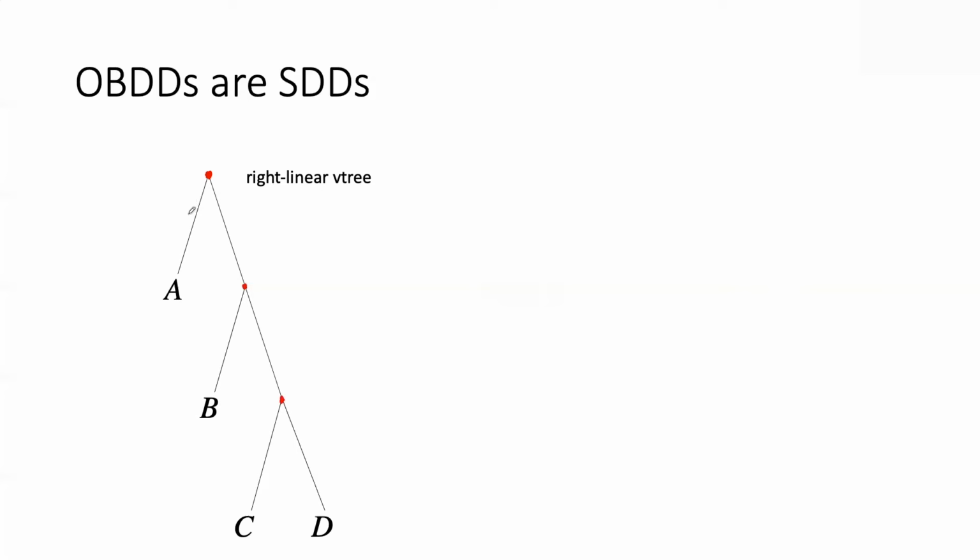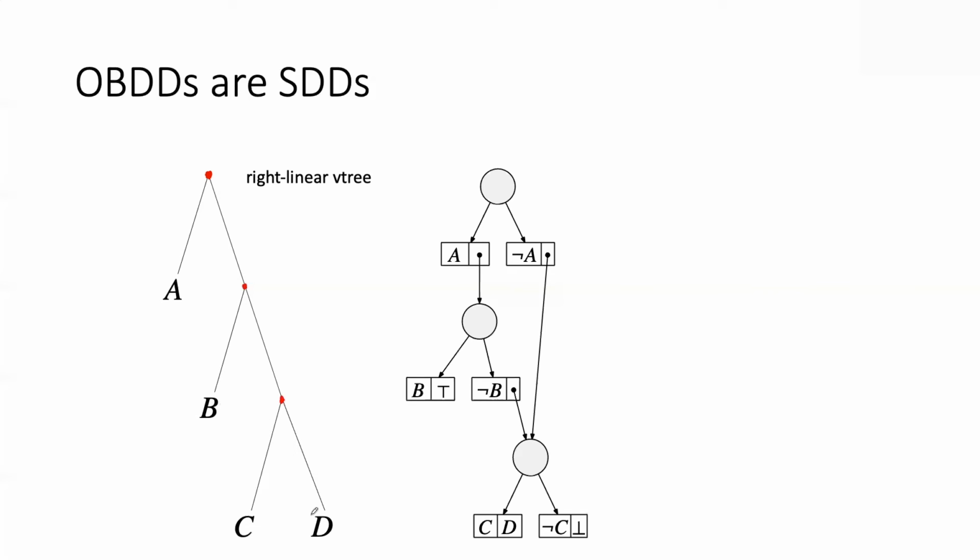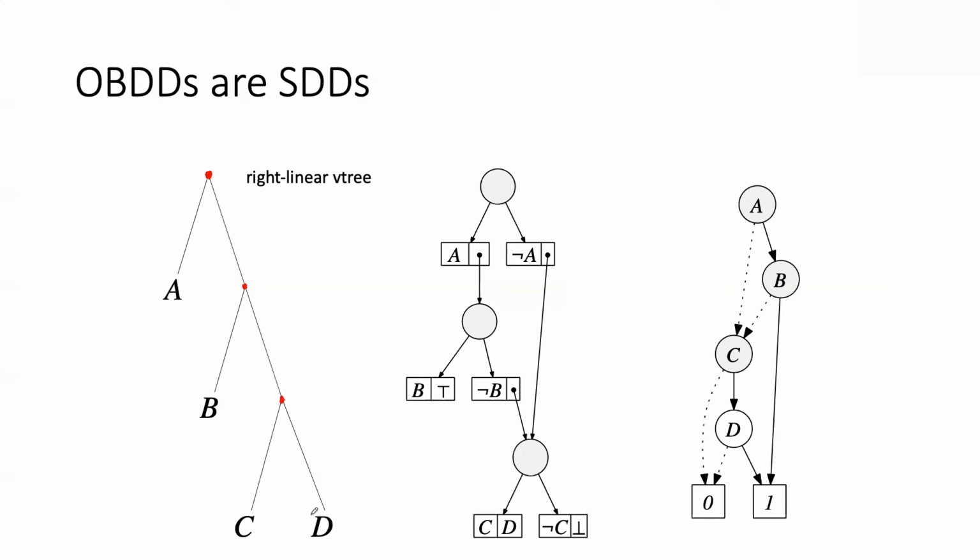So you can think of this as like a variable order A, B, C, D. If you build an SDD with respect to one of these, as I mentioned, it ends up looking like this, which is effectively an OBDD. All right, and that's the way in which SDDs end up generalizing OBDDs. We're going to say more about all of this in just a little bit, but I just wanted you to see the big picture of what's going on here.